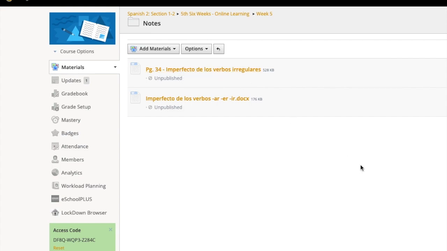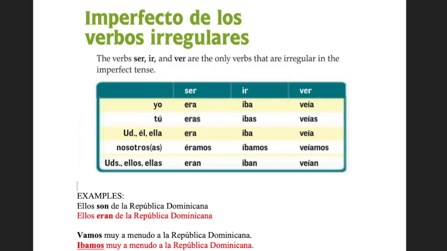So let's start. We said we're going to talk about the imperfecto de los verbos irregulares. The verbs ser, ir, and ver are the only verbs that are irregular in the imperfect tense. Remember, ser means to be, ir is to go, ver is to see.